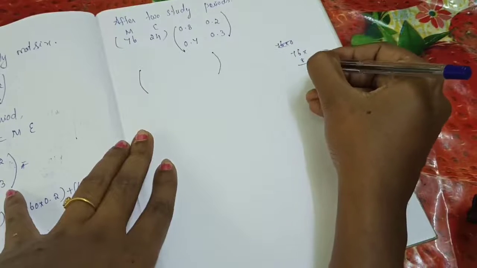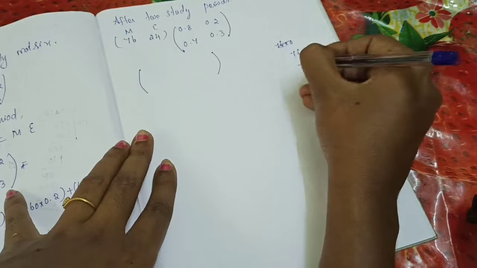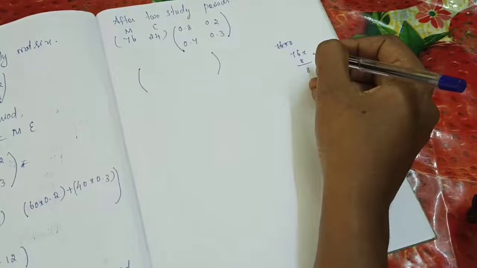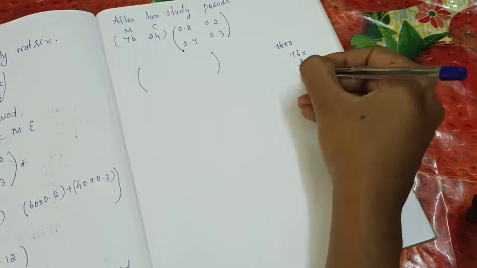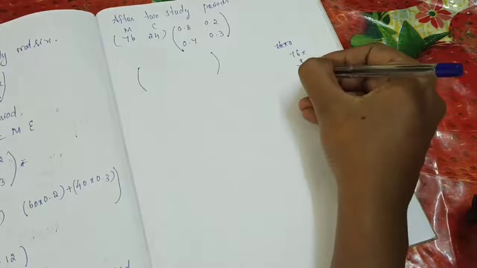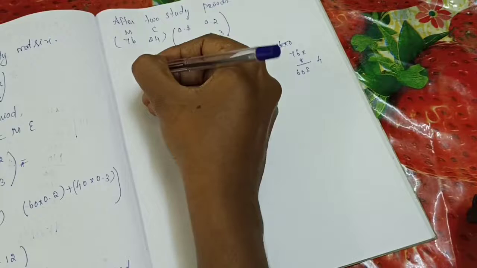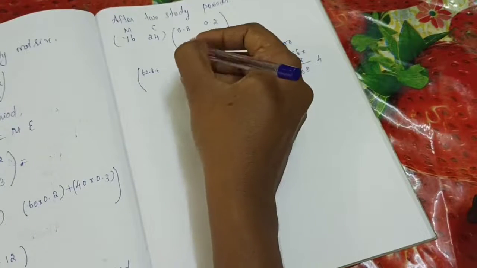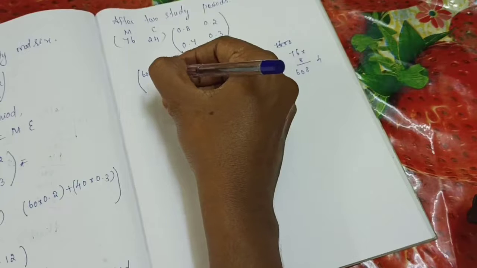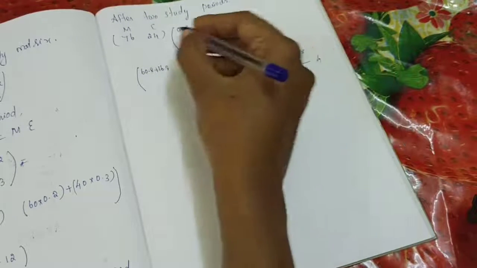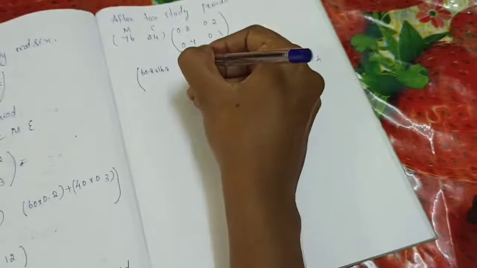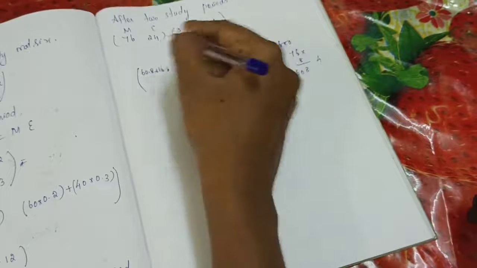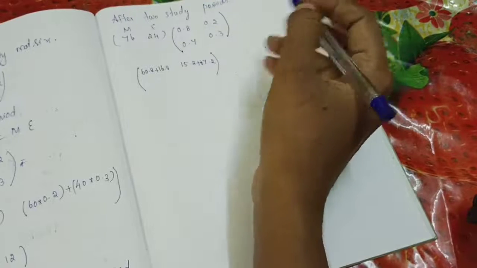You will get 60.8. Plus this one, 24 into 0.7, multiply and see, 16.8 you will get. Then 76 into 0.2 is 15.2, and 24 into 0.3 is 7.2, multiply and see.